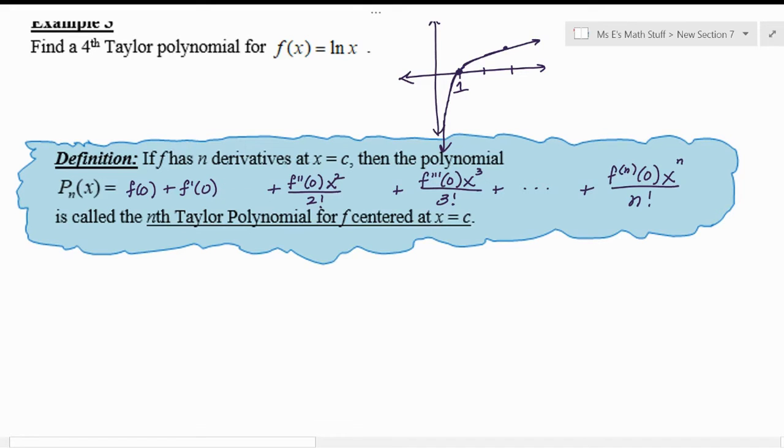So every single x would be replaced with x minus c. Like x cubed would become x minus c, cubed. So I'll just go through and replace all the x's with x minus c's.